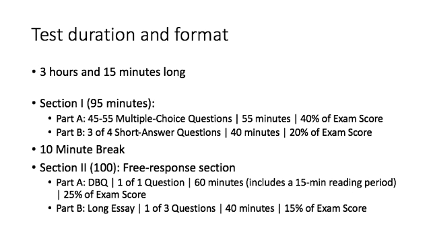Section 1, Part B involves you writing 3 short answers in a 40-minute time period, and this is worth 20% of the test. Now, the format of Section 1, Part B is structured so that there is an initial short answer question number 1, and you will write it.